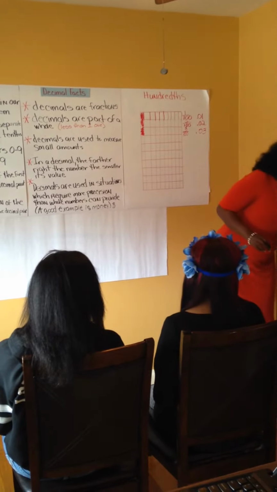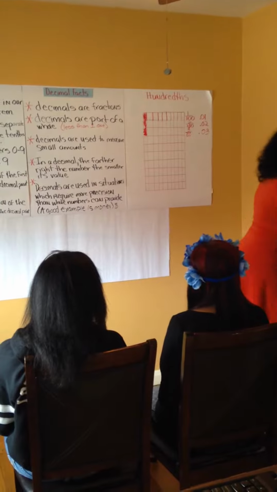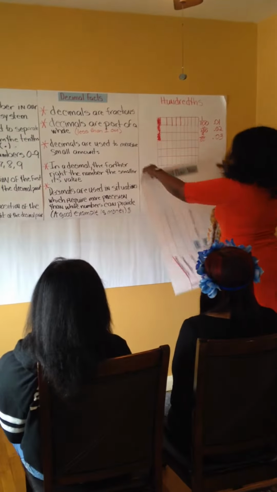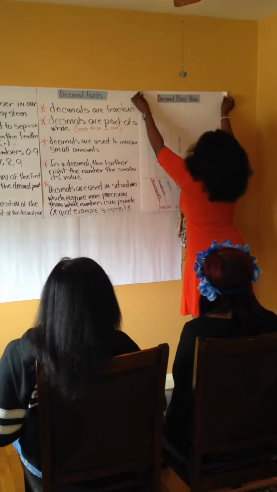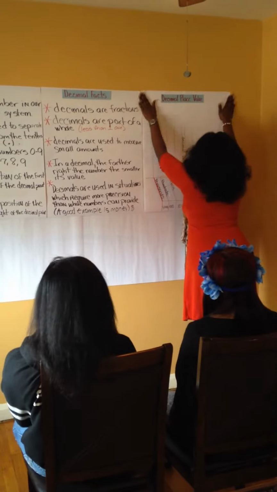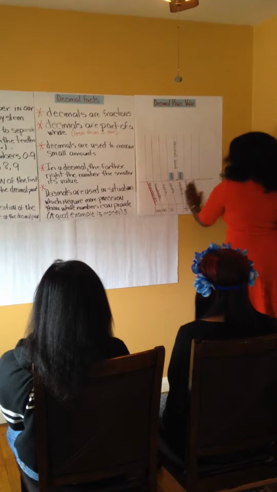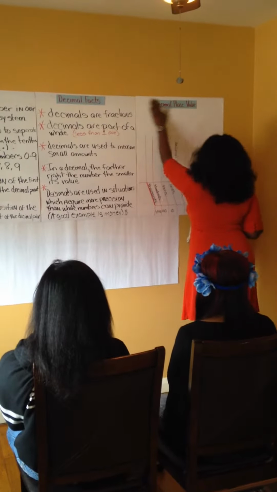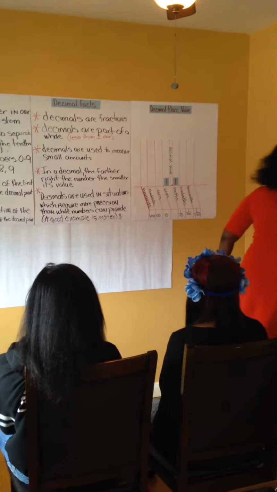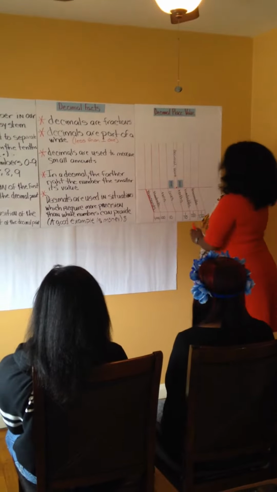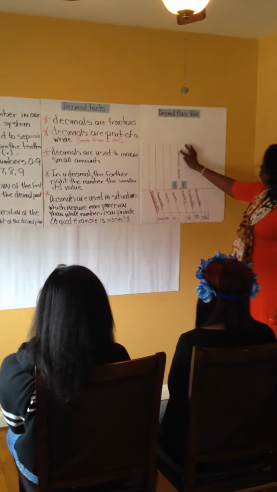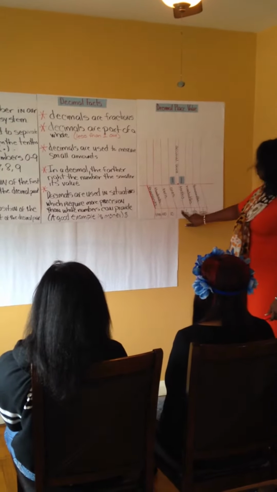Yes. Okay. One more chart we're going to use is our decimal place value. Okay? Everybody has its place. And this is called a decimal place value chart. So, this is how we read this. The decimal point is in the middle.